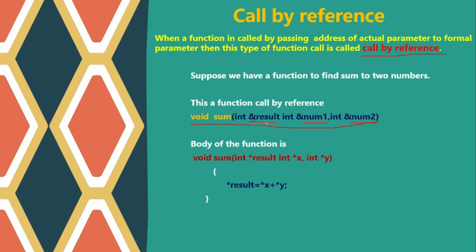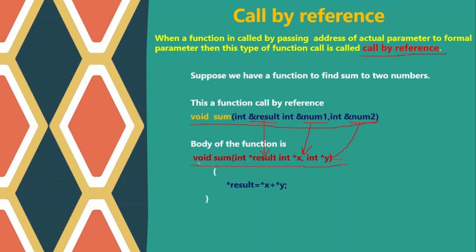So we all know that when we are passing address of a parameter, at receiving end we need to have a pointer. So this is your formal parameter. This we are passing address, this will come to this pointer. This is a result pointer. This will hold address of result variable, and x will hold address of num1, y will hold address of num2.